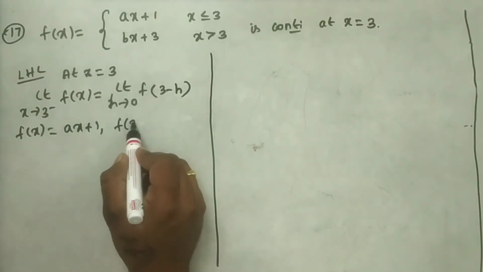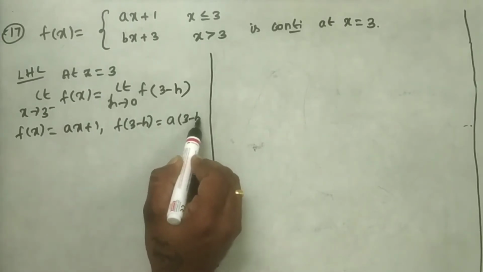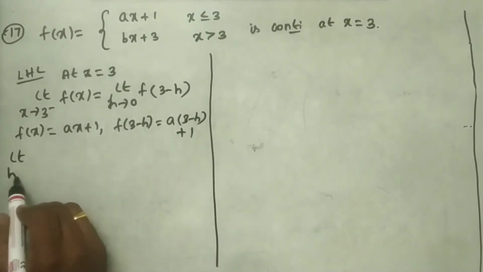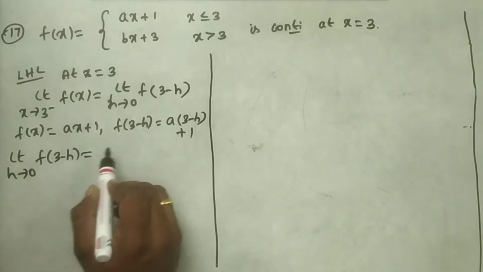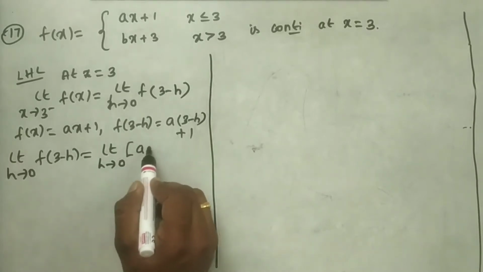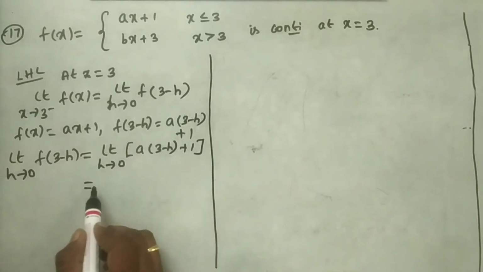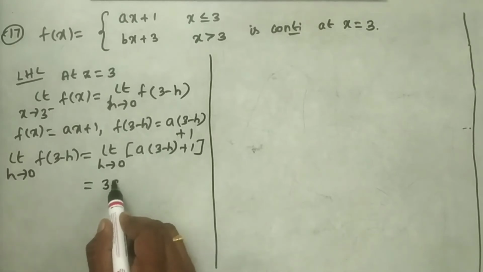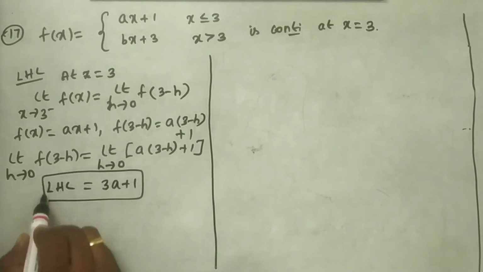So f of 3 minus h equals a into 3 minus h plus 1. Now apply the limit: limit h tends to 0 f of 3 minus h is equal to limit h tends to 0 a into 3 minus h plus 1. Applying h equal to 0, we will get 3a plus 1. So my LHL is equal to 3a plus 1.